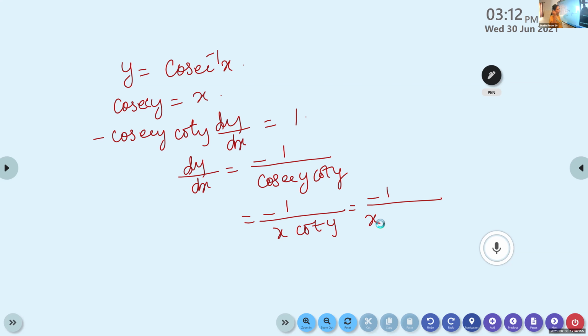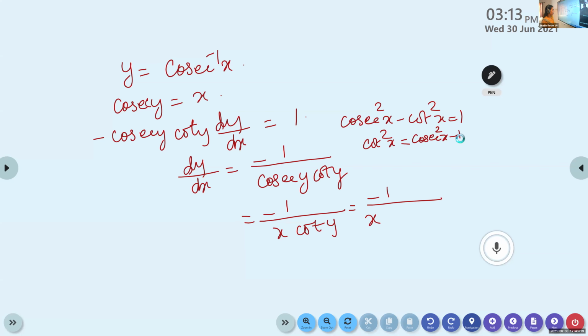We want it in terms of cosec and cot. Cosec square x minus cot square x is equal to 1. Therefore cot square x is cosec square x minus 1.